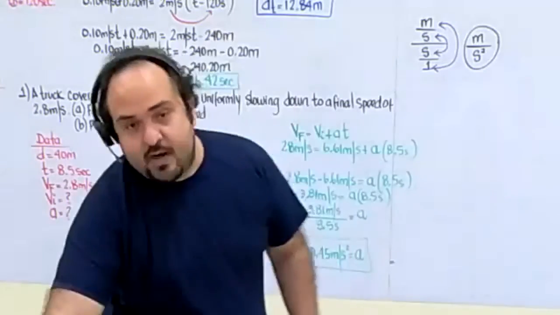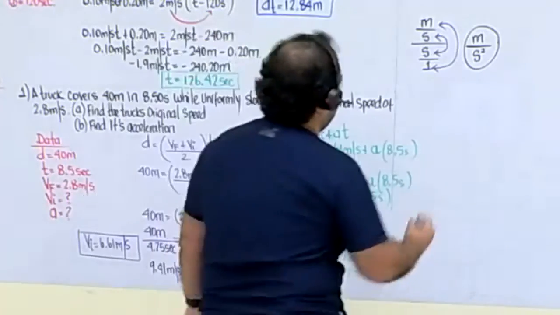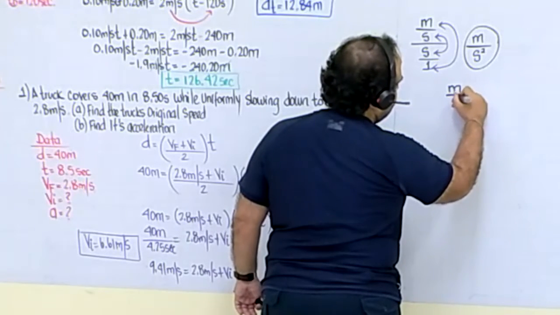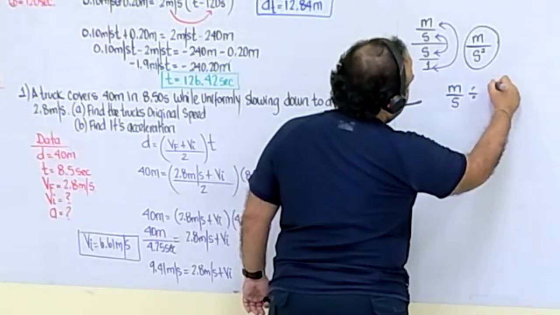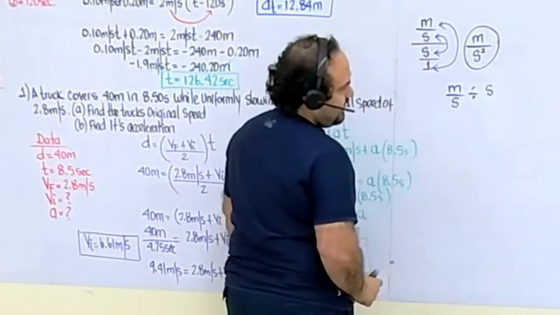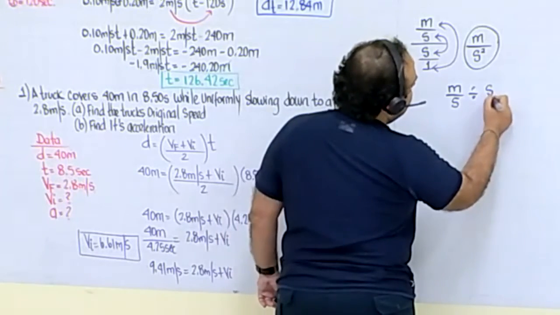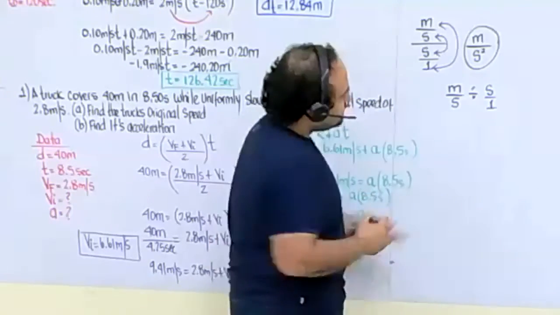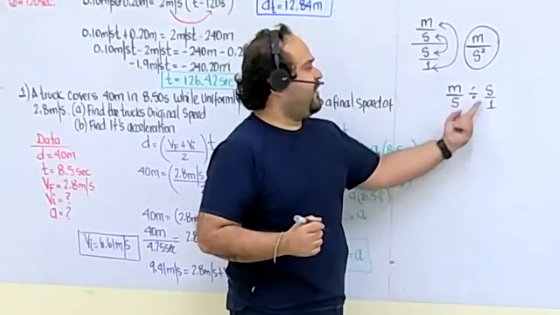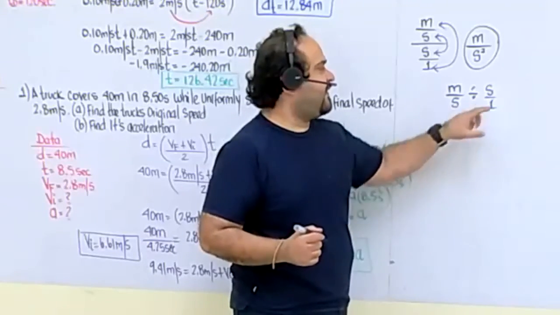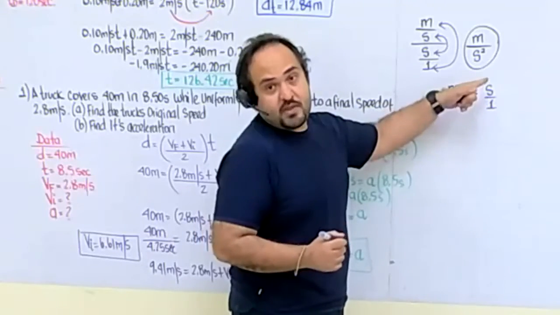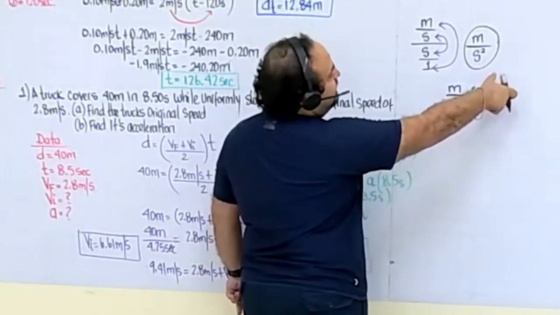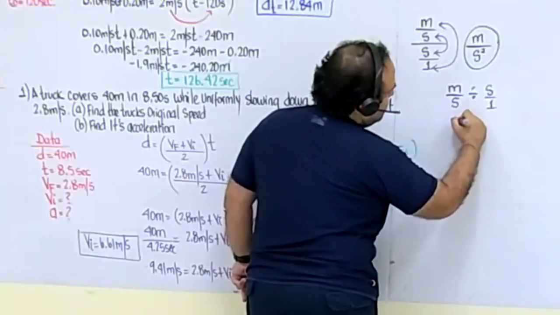Or if you want to visualize it another way, meters per second divided by seconds. Remember, we have the imaginary number 1 in fractions. If we really want to apply the division of fractions, we can transform this division into a product by applying the reciprocal value.